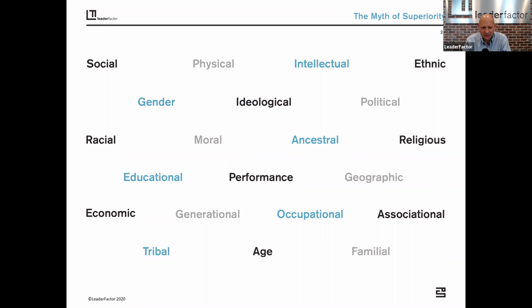It's rubbish, right? That all needs to be, we need to neutralize that, right? Do you see how this works? We should be agnostic to rank in that sense. Associational, tribal, age, familial. And this is not an exhaustive list.